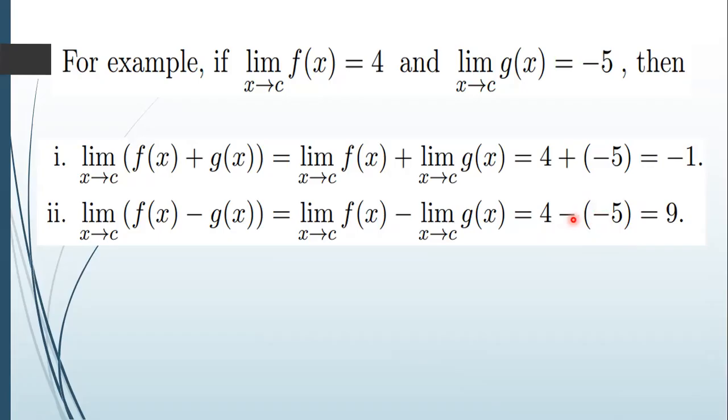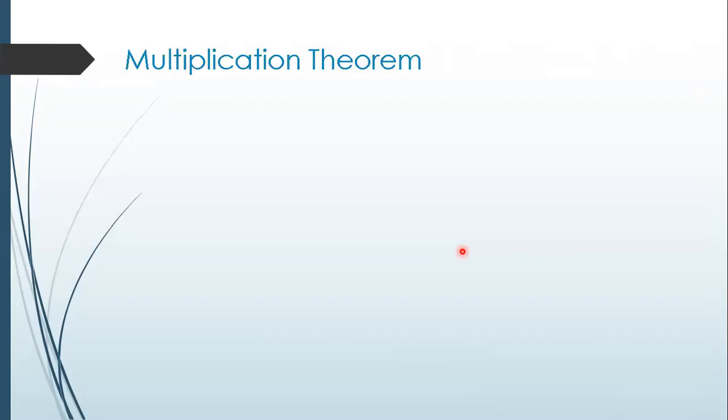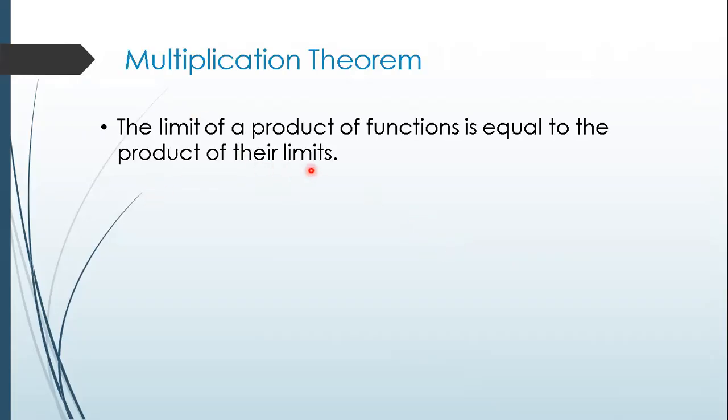From negative, it will be positive, or we simply apply that negative and negative will turn out positive. That's 4 plus 5, and that's equal to 9. There you go. How about the multiplication theorem?